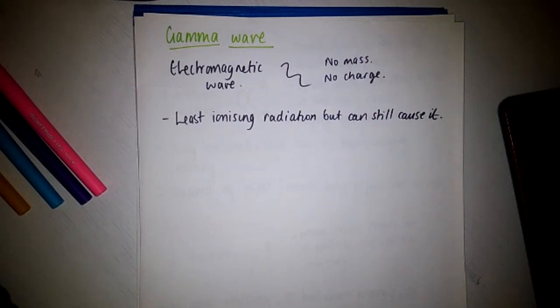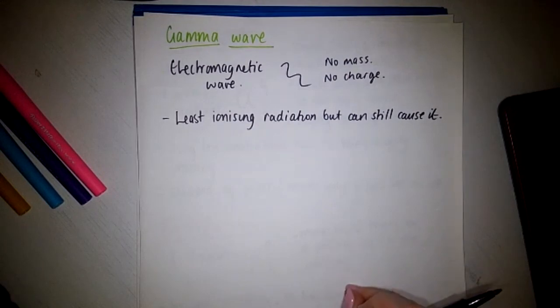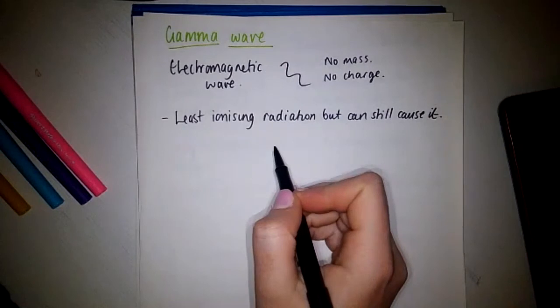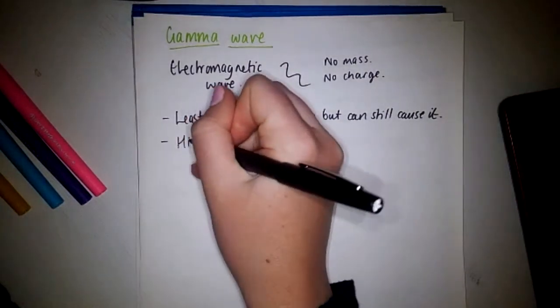They are very, very penetrating because it's particularly difficult to stop. So even though they don't ionize as many atoms as alpha, when gamma starts moving, it then becomes very tricky to stop, if that makes sense. I could use this piece of paper to stop alpha particles, but the gamma would just keep going through this until it hit something that would stop it. Okay, so they're the least ionizing radiation, but highly penetrating.